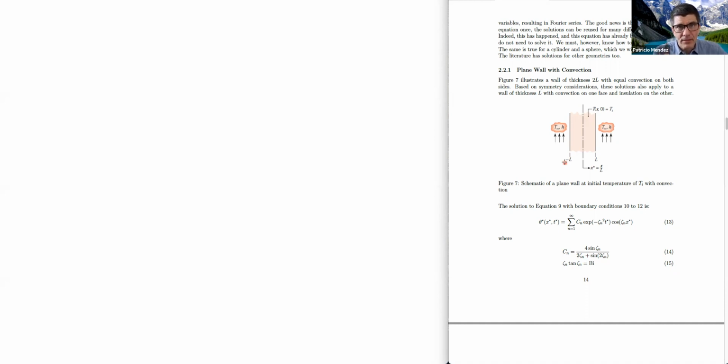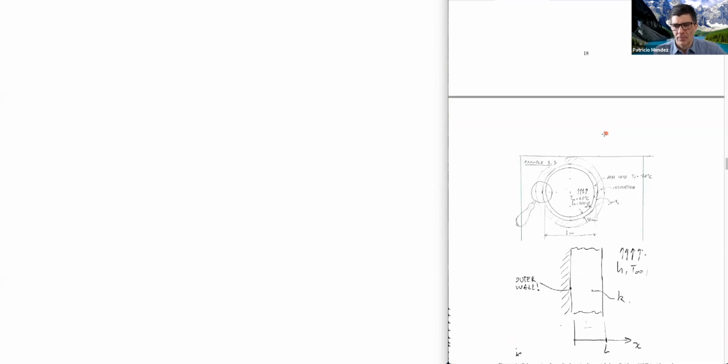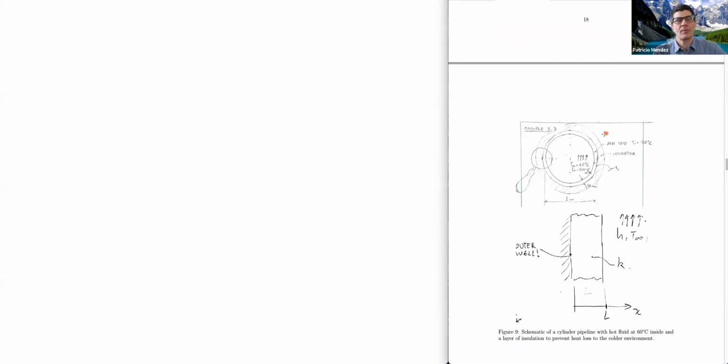So the wall has a thickness of 2L in this case, and has convection on both sides. Here, in the pipe, not only are we assuming it is a wall, which it isn't, but we're going to call it a wall and not fuss much about it. But in addition, the wall has a thickness of L, not 2L.